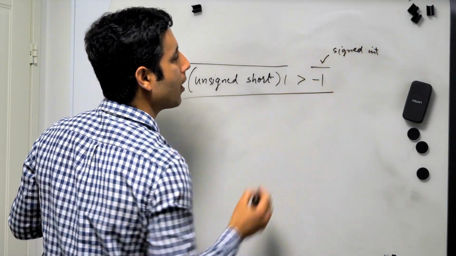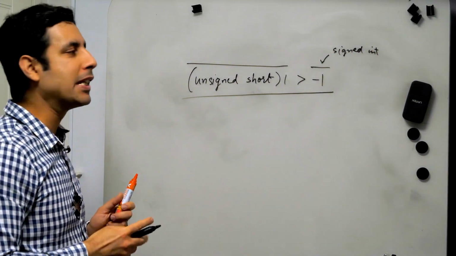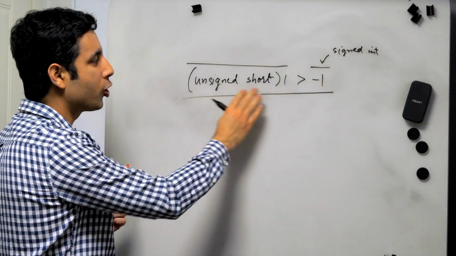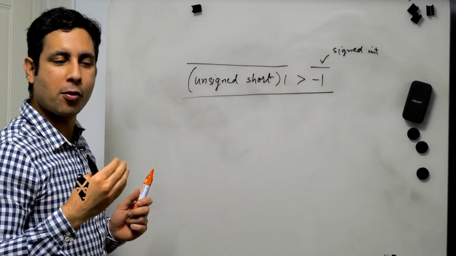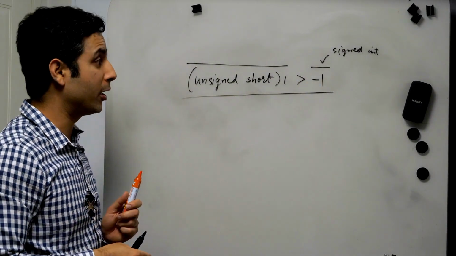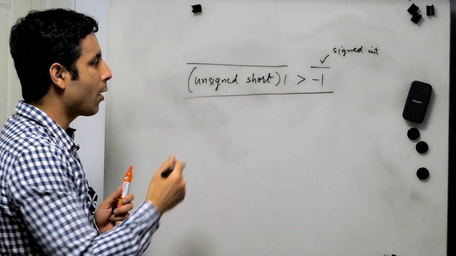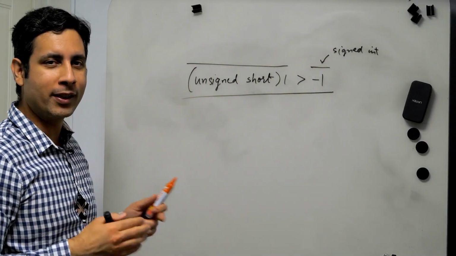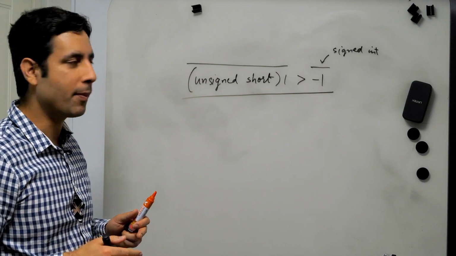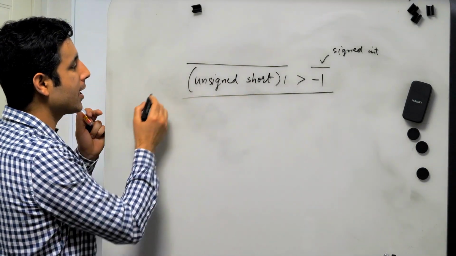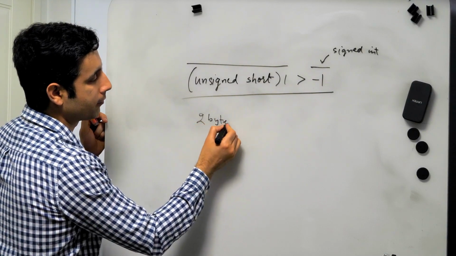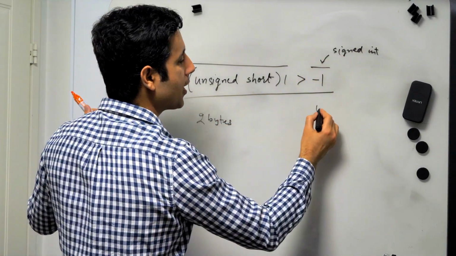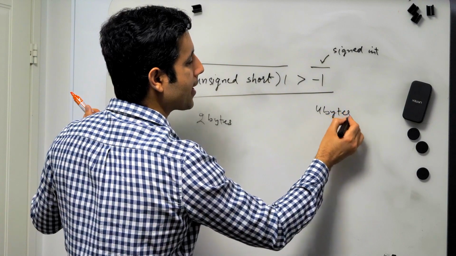So the first thing which will happen obviously here is that because unsigned short is lower than integer, integer promotion rules will come into play. Now on most of the common modern C implementations, unsigned short is 2 bytes in size and signed integer is 4 bytes in size.